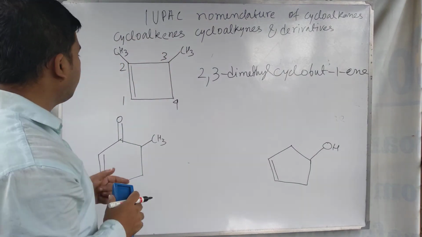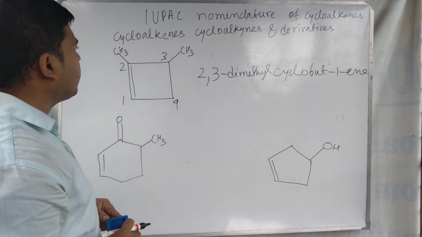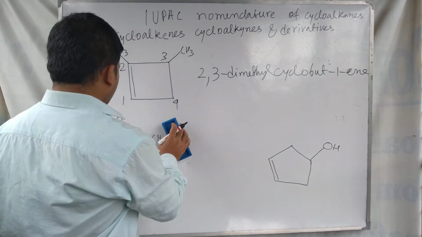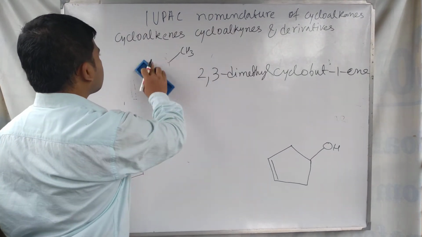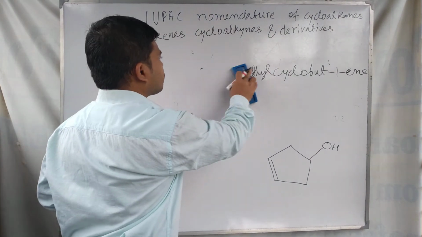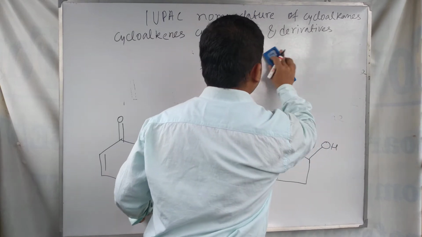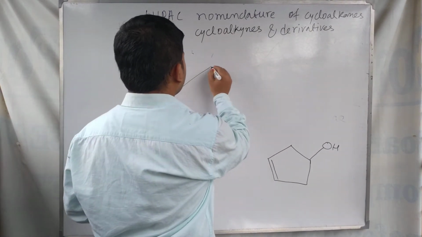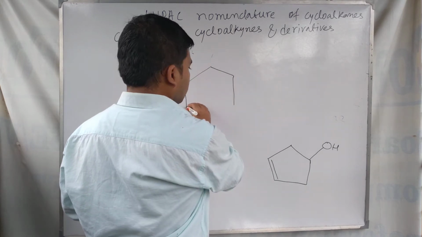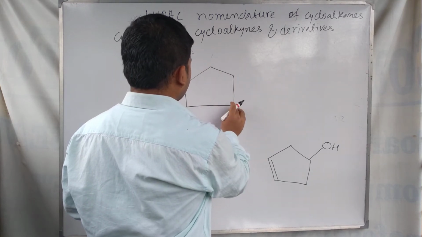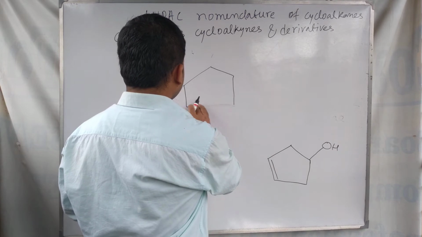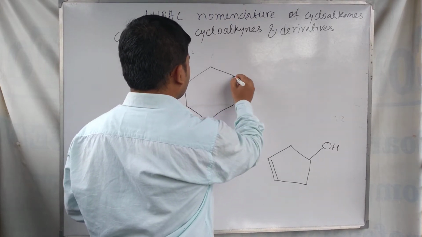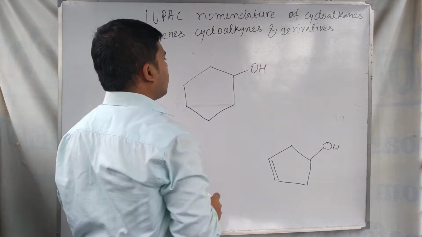Okay, you understand this point, that for cycloalkenes how to write the IUPAC name of this molecule, and after that we write the name of this compound.